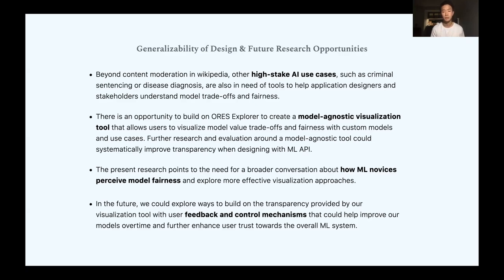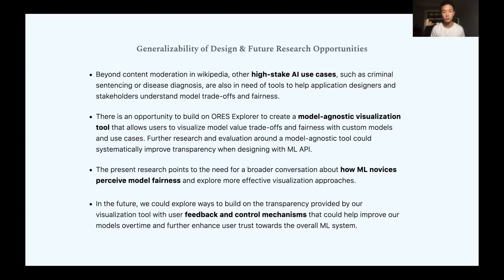So in this case, we built ORES Explorer tailored to Wikipedia's ORES model. But if we have a model-agnostic visualization, we'll be able to plug in any model, and then it could really systematically improve transparency when designing with ML APIs in different use cases.